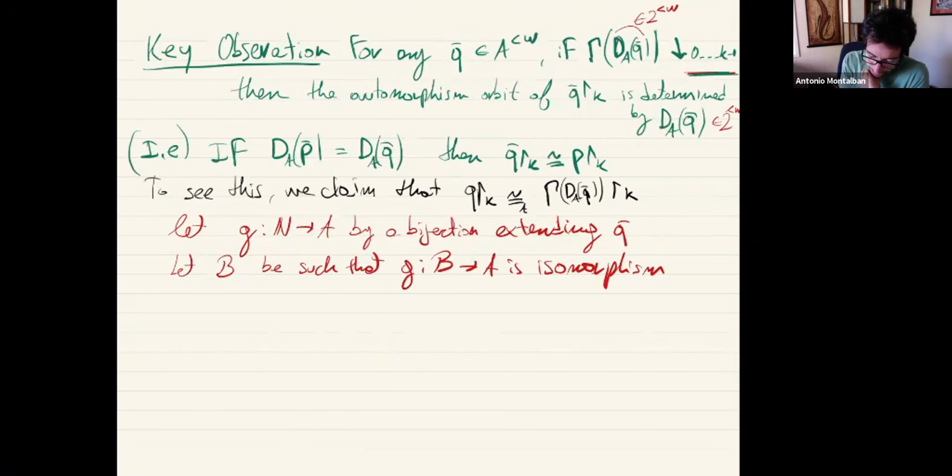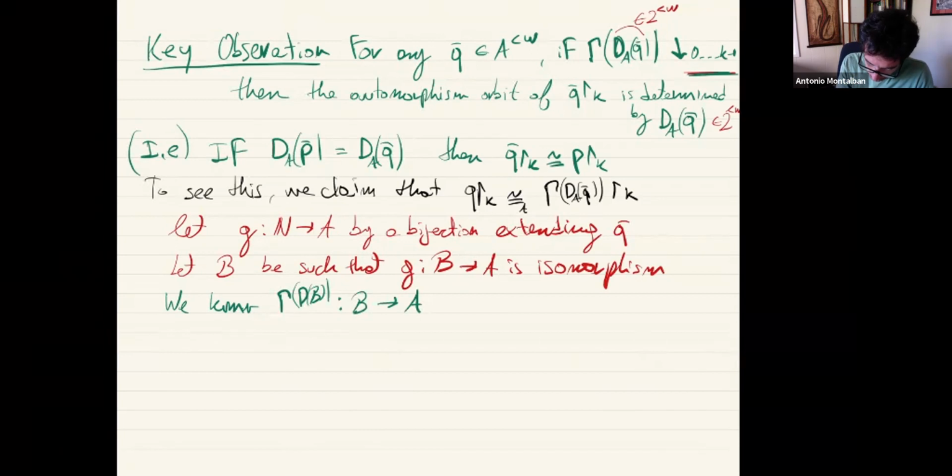It's the unique way of defining the relations here so that they come through from here through G. And it's a bijection, so B is isomorphic to A. So we know that gamma with oracle the diagram of B is an isomorphism from B to A.